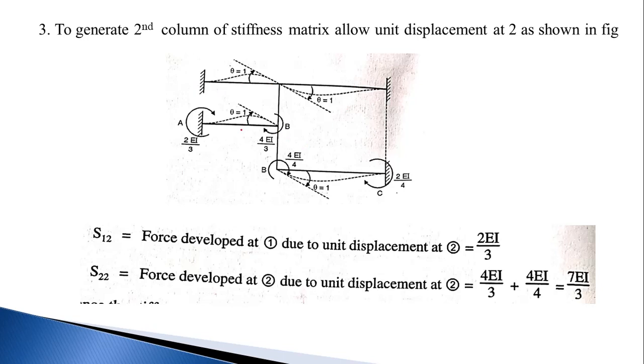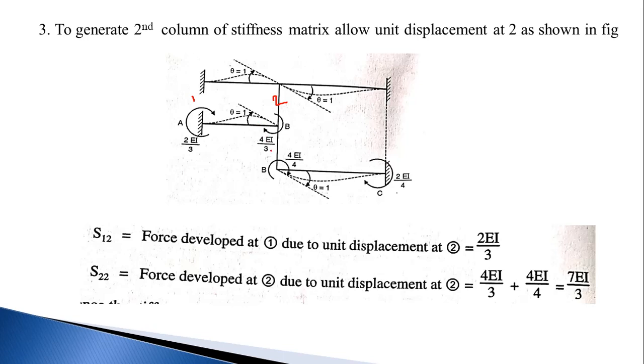First, consider this AB, that is S12, a force developed at 1 due to displacement at 2. So this is the rotation, coordinate number 1, and this is coordinate number 2. Means due to this rotation, we need to find the force developed in coordinate number 1. So this is theta is equal to 1.